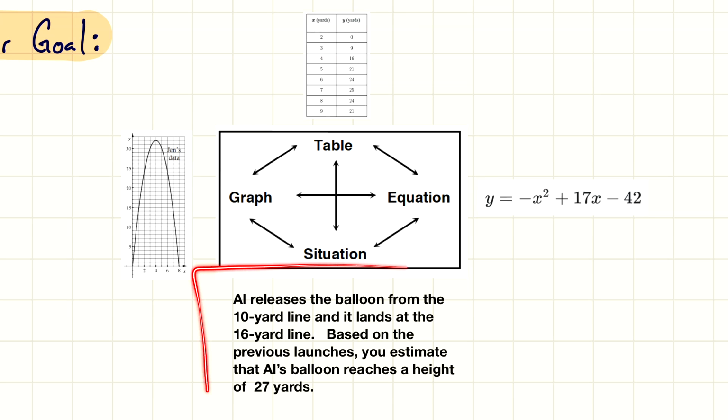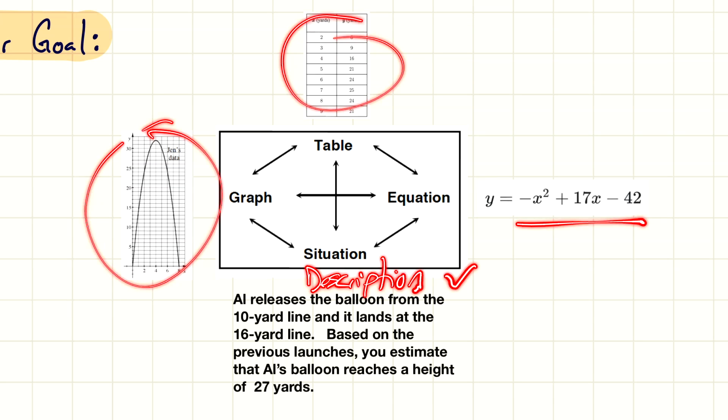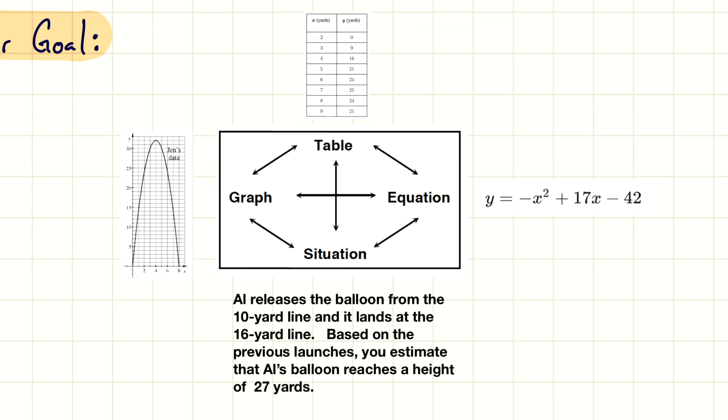In addition to that is the situation, or sometimes I'll call this a description. Sometimes we want not an equation, not a table, not a graph, but just some words that describe what's going on. Sometimes it might be in the form of a story or context.